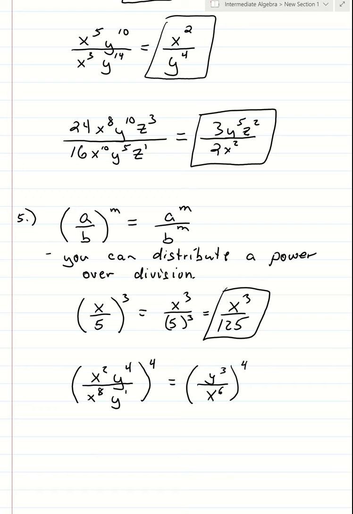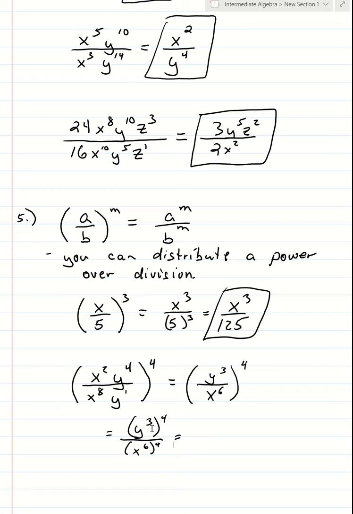And that's where, once again, the 5th law of exponents comes into play, because I can distribute the outer exponent of 4 on these two bases. So that would give me y to the 3rd to the 4th, and in the denominator we would have x to the 6th to the 4th. Well, now what's actually being demonstrated as I go through these step by step is the 2nd law, because I have a power to a power.